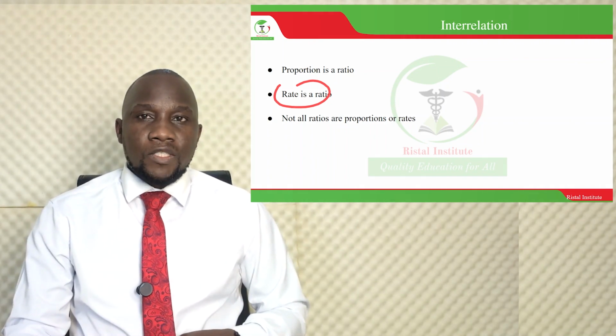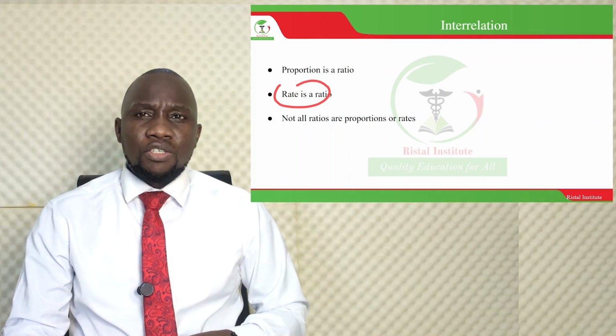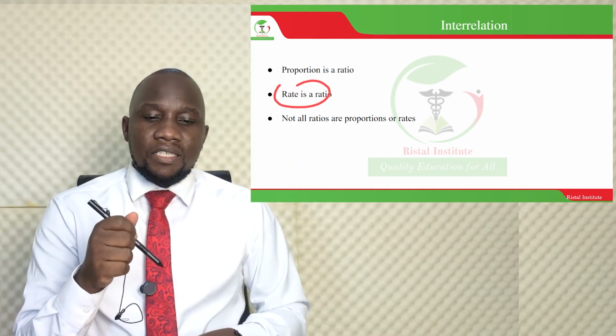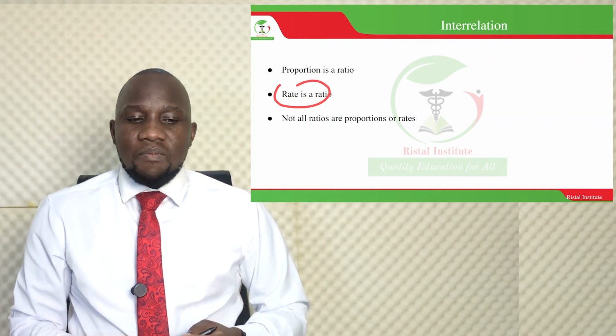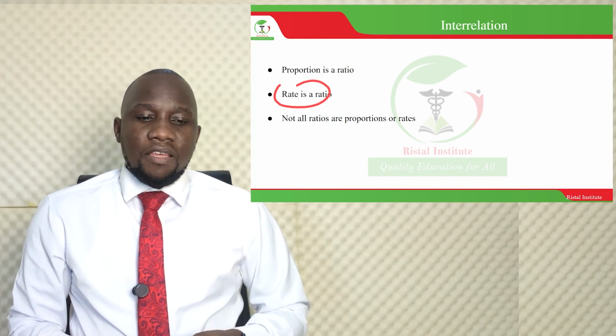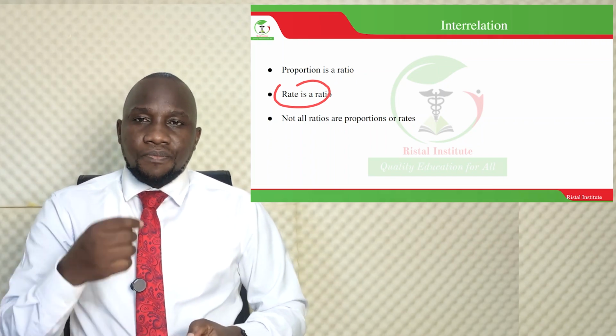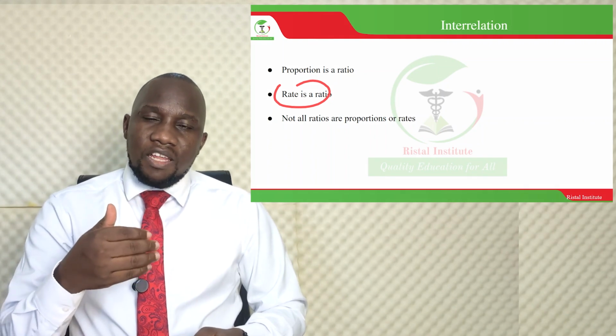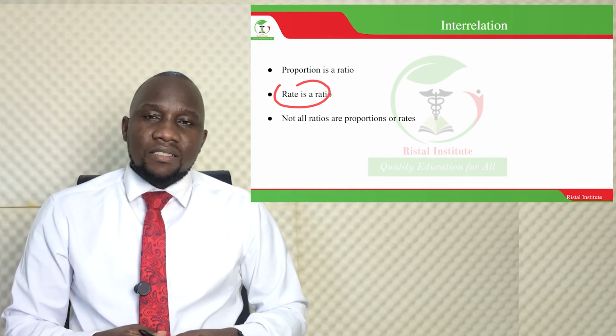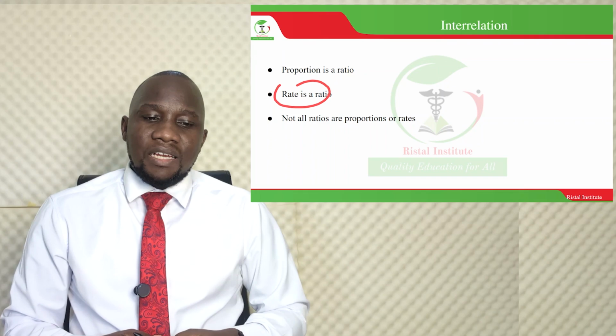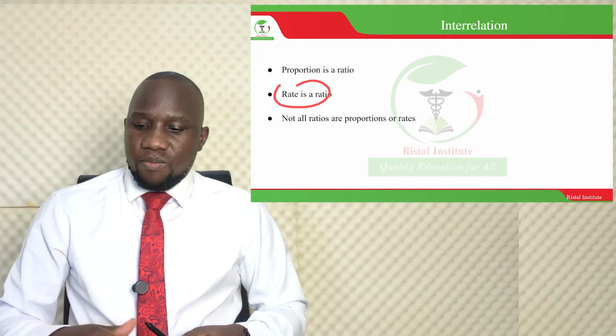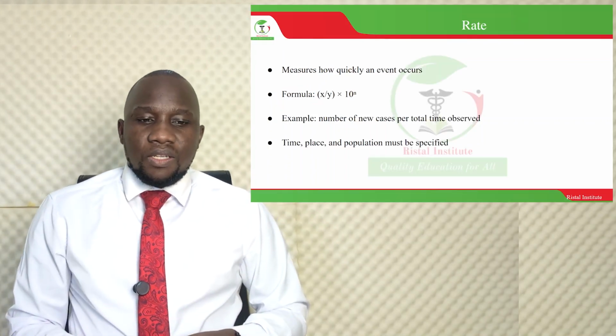So if you have a ratio, you just need to know whether it is a rate, if there is a time dimension to it. If the numerator is part of the denominator, then that ratio is actually a proportion. So those are things that you should know.